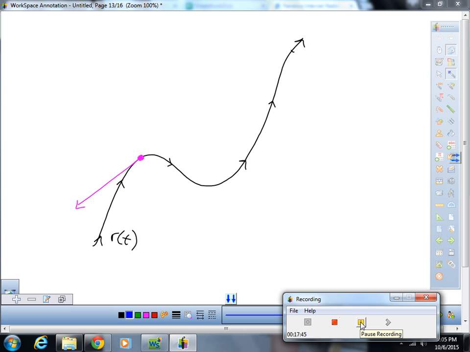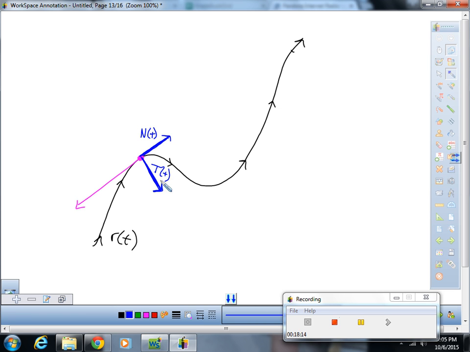All right, well, if you could imagine the unit tangent vector looks like it would be going right about there, which means the principal unit normal vector, okay, so this right here would be N of t, and this would be T of t.